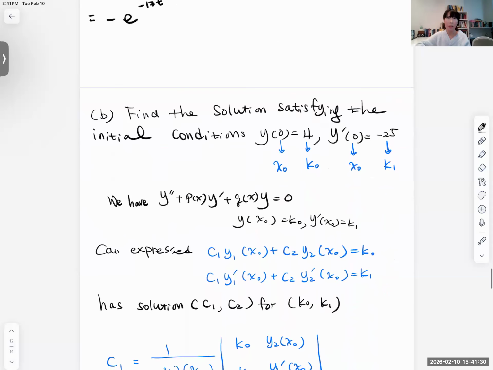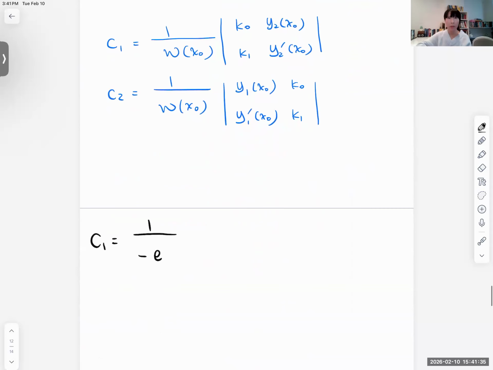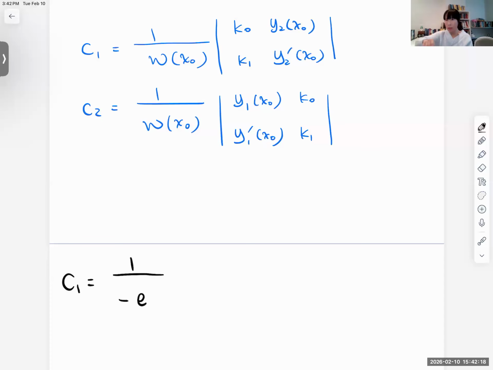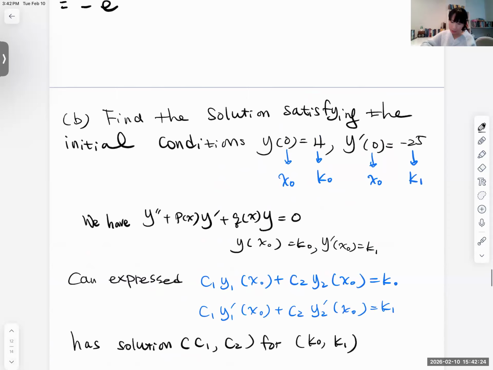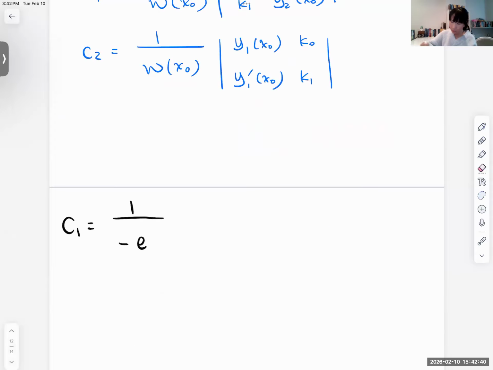Yeah, so we can just use that as it is, right? Because this is the Wronskian we found, right? So copy, yeah, as it is, the Wronskian.